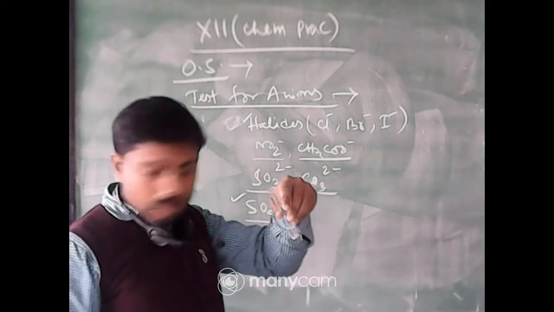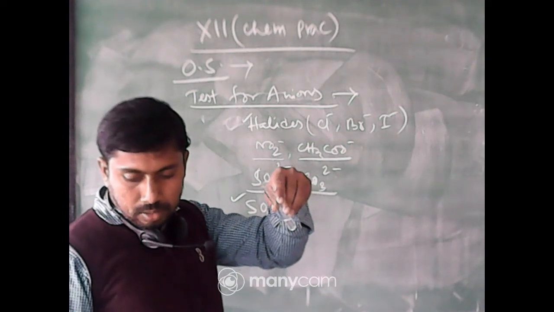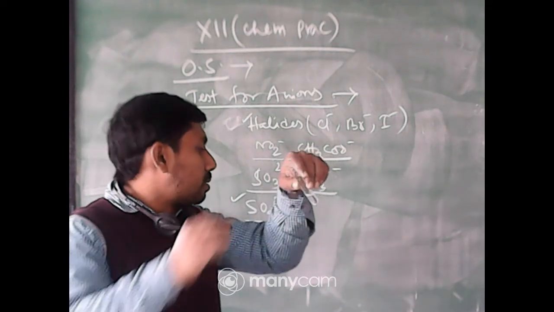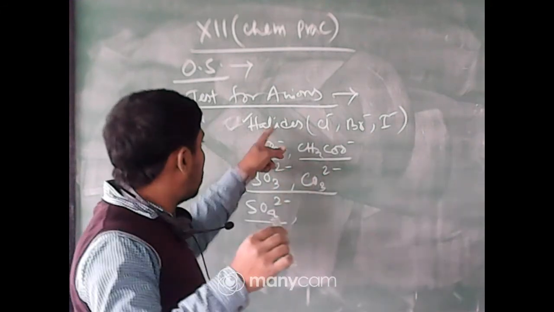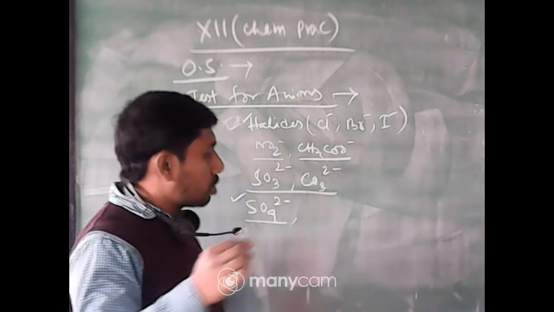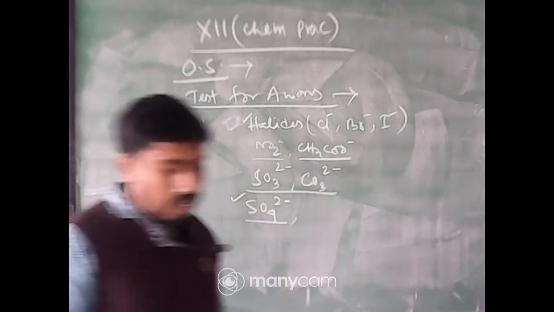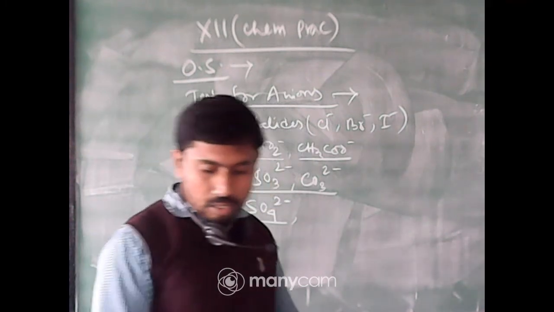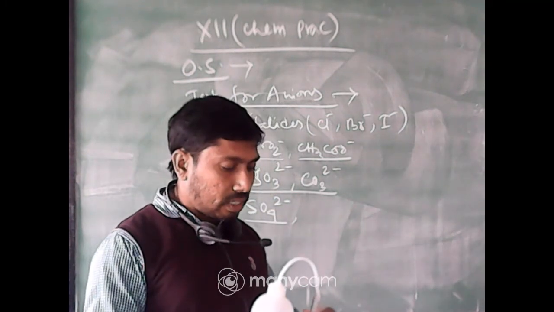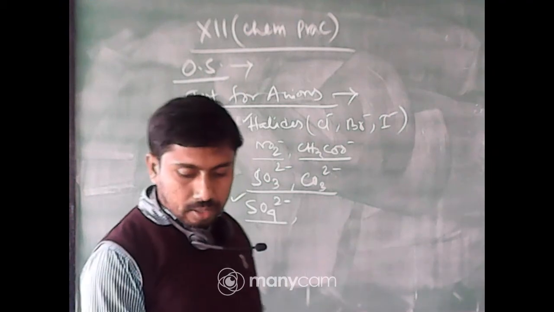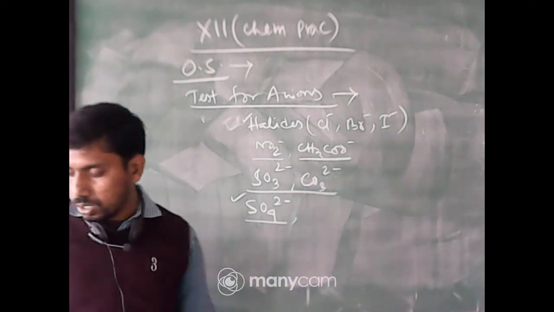Silver nitrate solution added, no precipitate comes. So the presence of halides is absent here. So I am rejecting the solution.